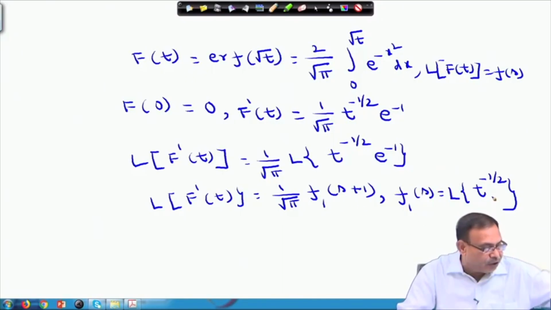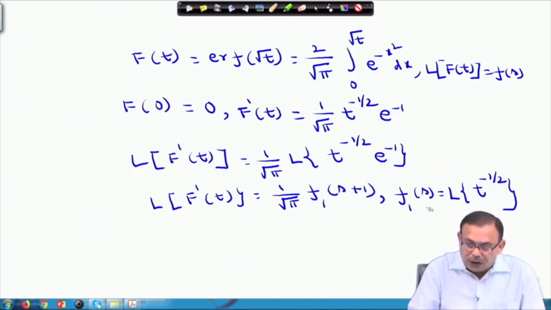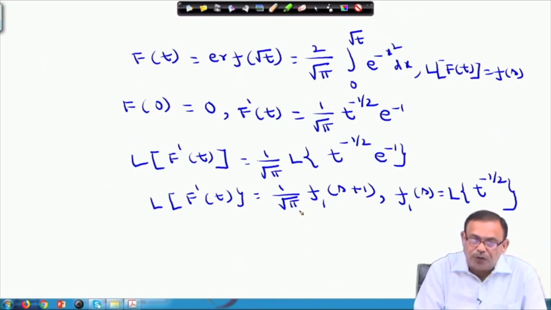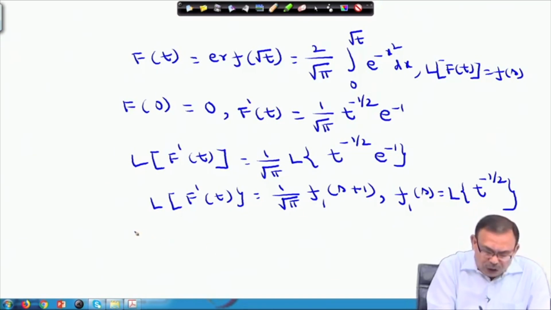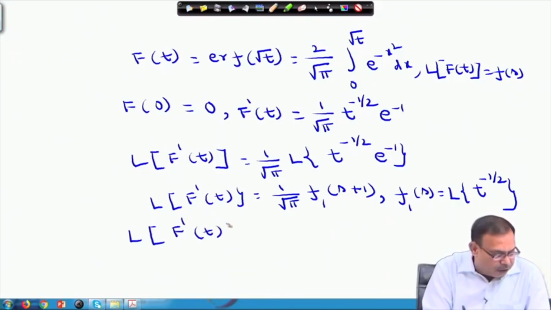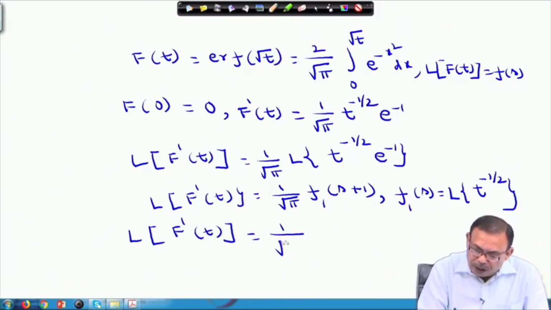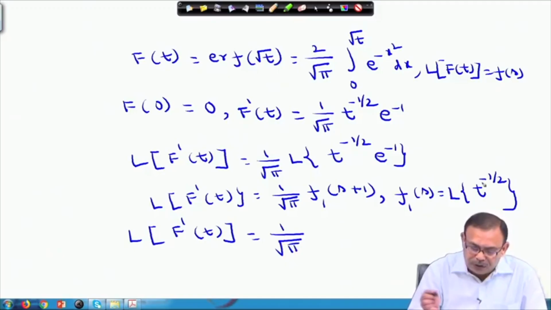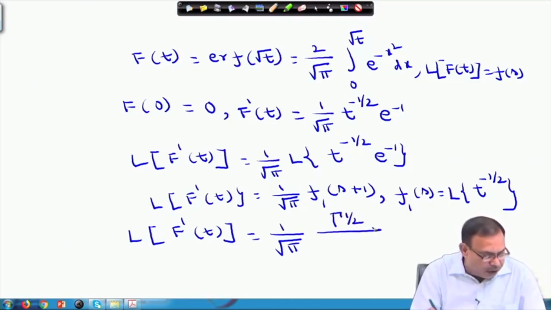So, I have to find out basically this one. The Laplace transform of f dash t equals 1 by root pi into f 1 of s plus 1, where f 1 s is the Laplace transform of t to the power minus half. I know the Laplace transform of t to the power n, so from here it will be gamma half by root over s plus 1.